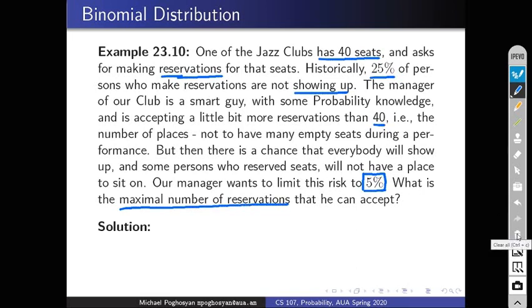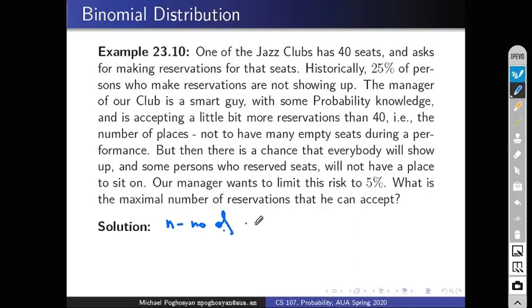Okay. So first, let's prepare, then solve using R. Let n be the number of reservations. n is something larger than 40.